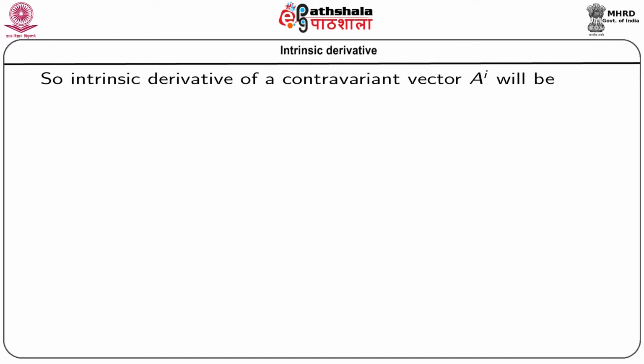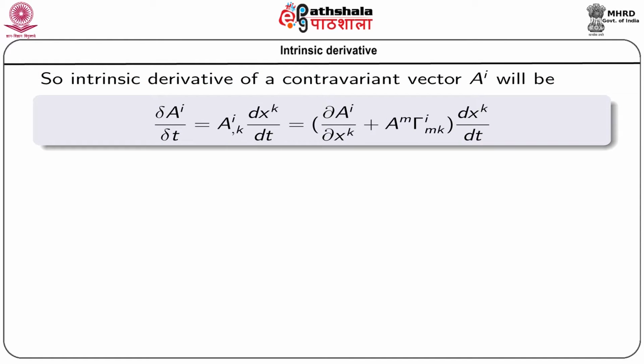Now, let us see for a contravariant vector how the intrinsic derivative will come out. Del ai del t can be written as ai comma k dxk/dt. That means ai comma k is the covariant differentiation of ai with respect to xk.